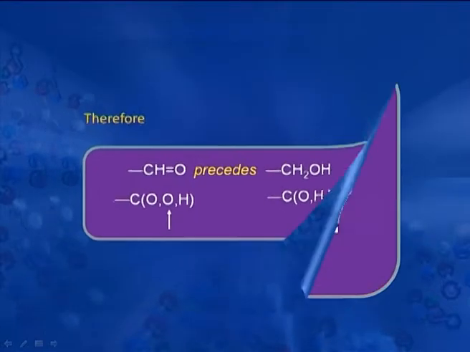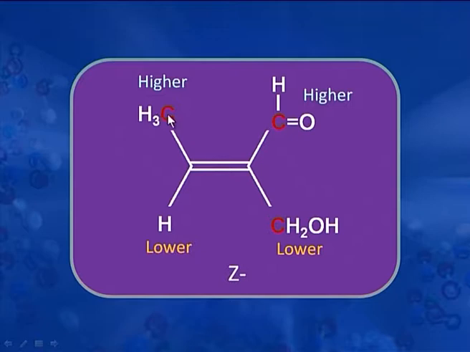And we assign the configuration of this molecule that methyl gets the higher priority over hydrogen, whereas this aldehyde group gets the higher priority over CH2OH. Since the two groups getting the higher priorities are on the same side, this isomer is assigned the Z configuration. Now, there are certain misconceptions.